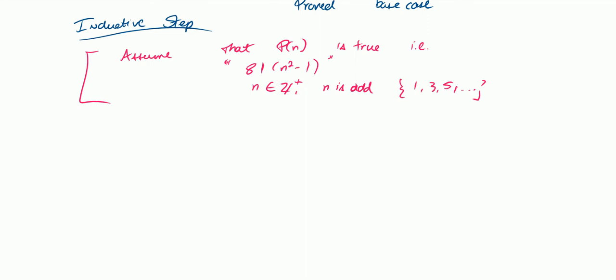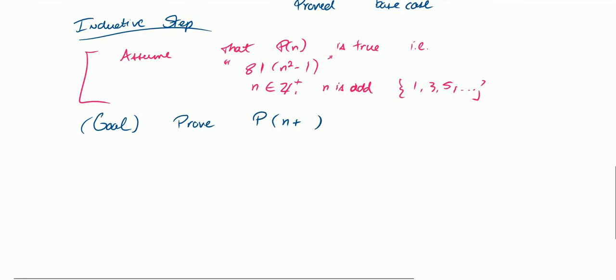So what I want to do in this case, and now we have to be careful, is that my goal is to prove Pn plus... Now, your reflex would be to write n plus 1, right?